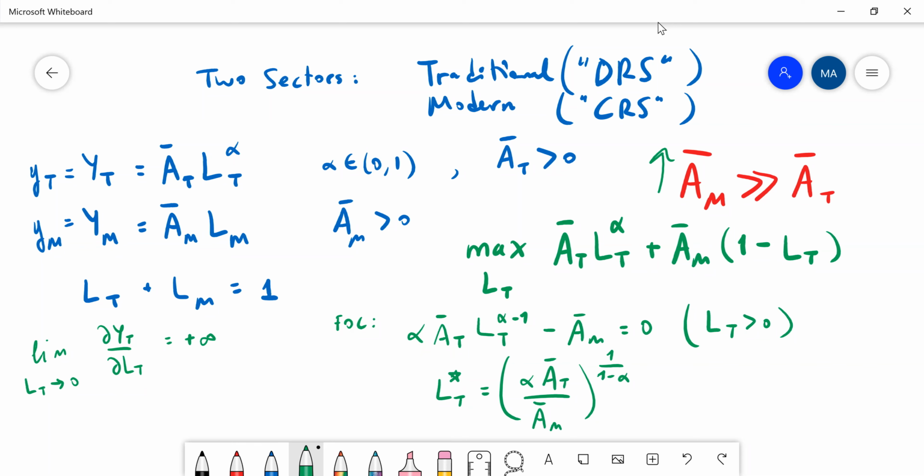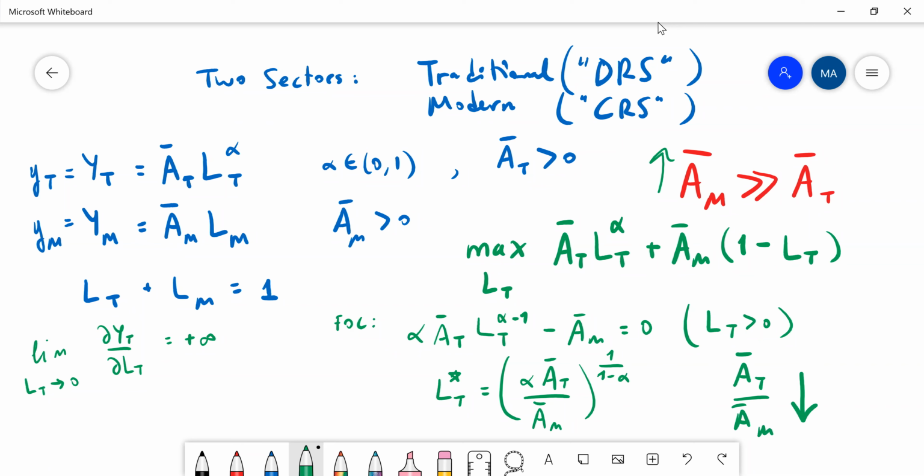Because this is the productivity in the modern sector, right? I'm sorry, I misspoke, not manufacturing. Here I'm calling them traditional and modern. So do you see it, right? If this ratio is getting smaller, why?